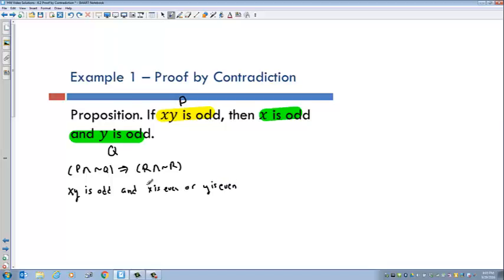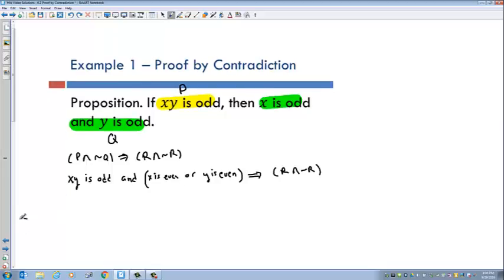We'll put that in parentheses. And we want to show that this implies R and not R. We don't know what R is yet, so we'll figure that out as we go through the proof. All right, so here we go.